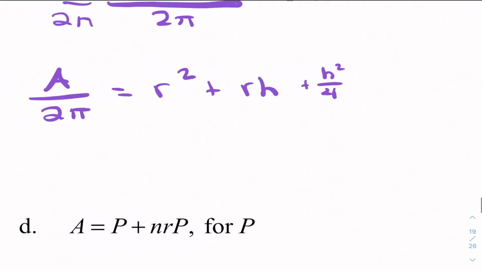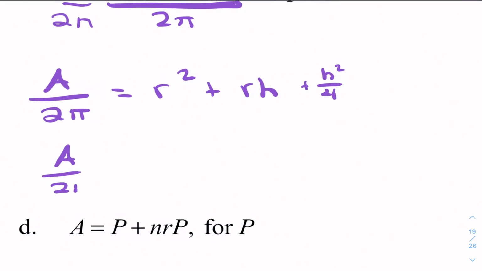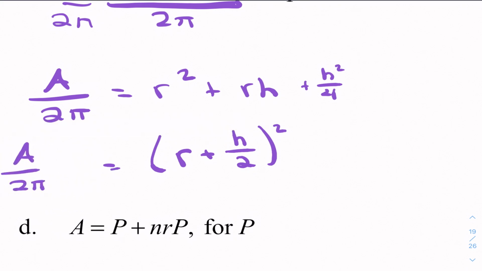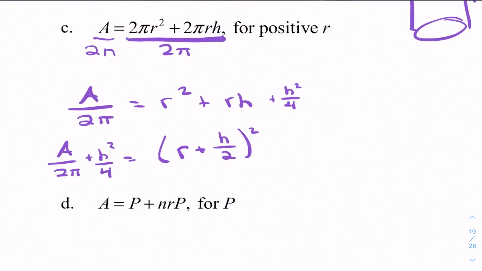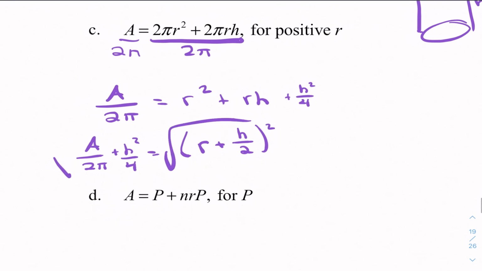Why do we do that? Well, now we have A over 2 pi is equal to parentheses, r plus h over 2 squared. That's the beautiful thing about completing the square. As long as I remember, whatever you do to one side, you do to the other. So since we added h squared over 4, I have to add h squared over 4 to the other side, just to make sure everything's on the same up and up. So we take the square root.